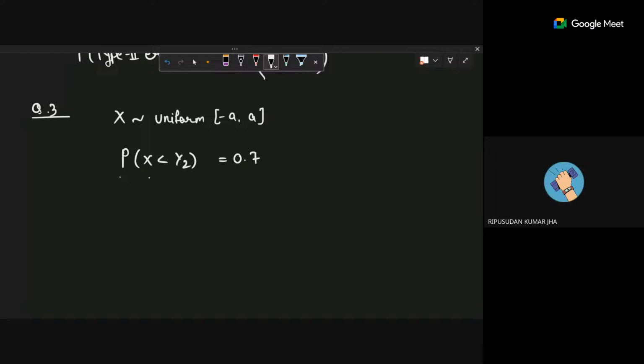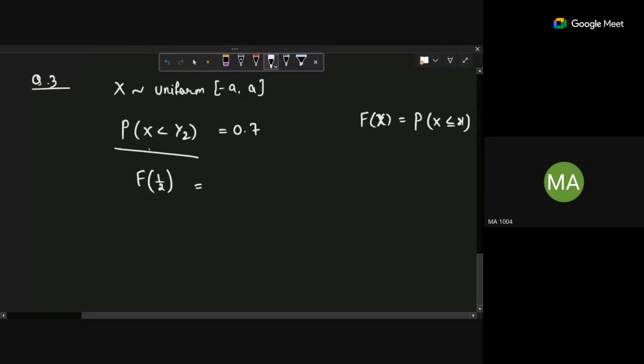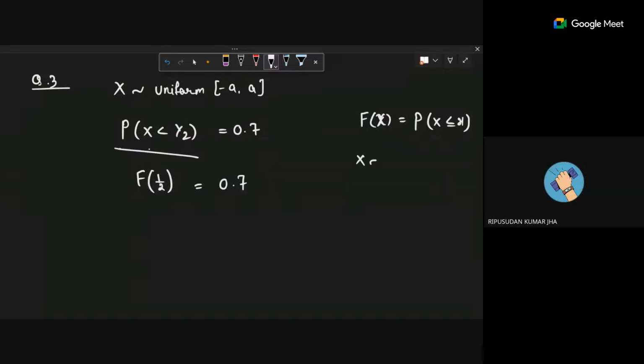F of x is the probability of the random variable taking all the values less or equal to small x. So I can write it as F of 1 by 2, where X is following uniform distribution. Once you know that, what will be your CDF?